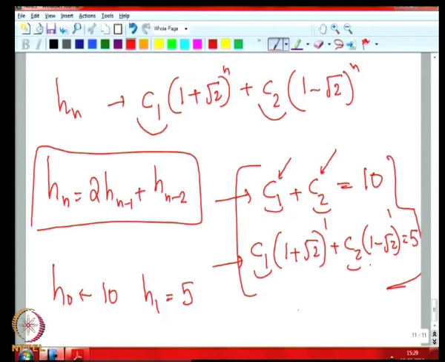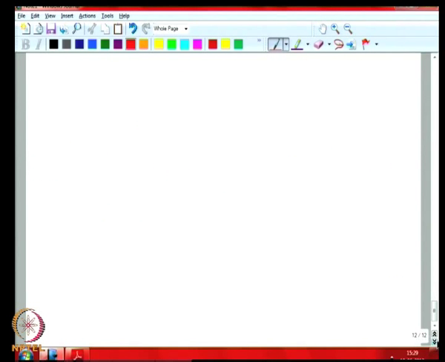This is the technique. Again, let me summarize what we have done. We introduced this concept of the characteristic equation. That means we wanted to make sure that for some q, q to the power n will be a solution for that recurrence relation.